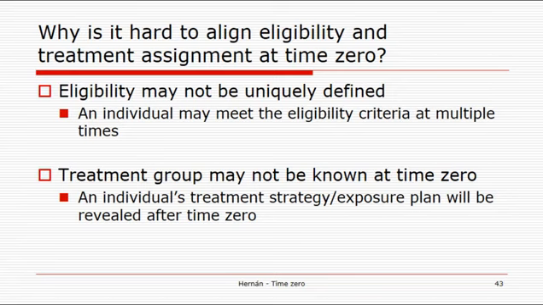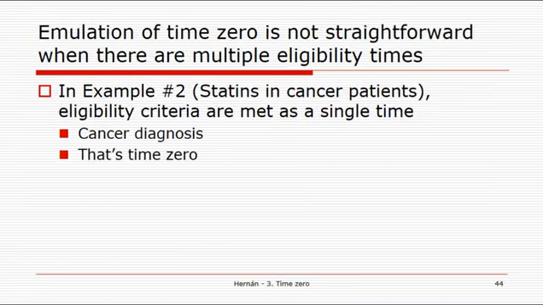So let's talk about the problem that eligibility may not be defined at a single time. And this didn't happen in the statins example that I gave you, because there time 0 was the time of a first diagnosis of cancer.